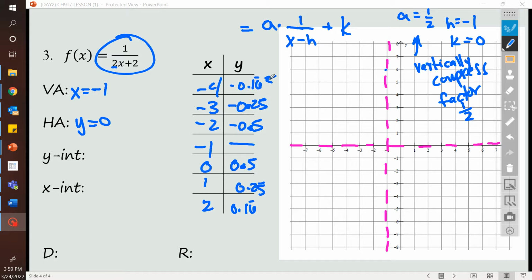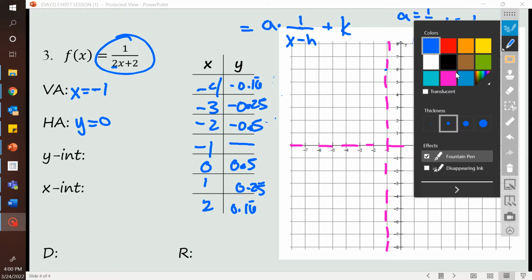This one is usually at 1/3, this one is usually at 1/2, and this one's usually at 1. So everything's been basically cut in half, which causes it to vertically compress towards the x-axis, or the asymptote, by a factor of 1/2.